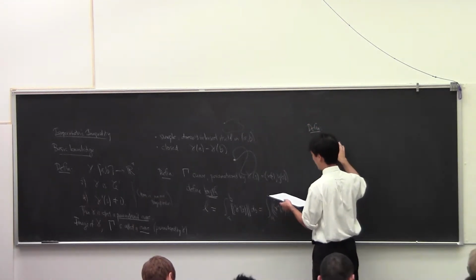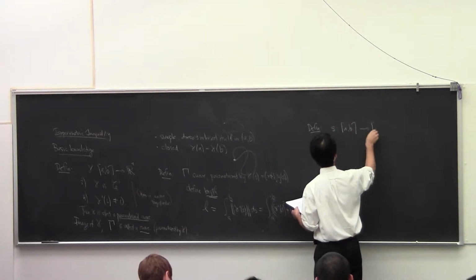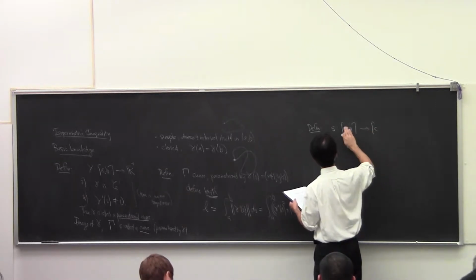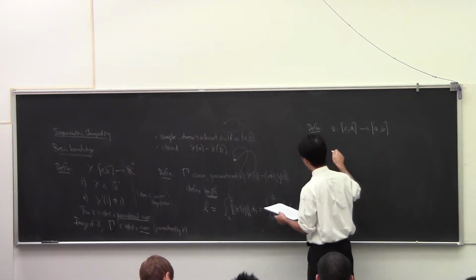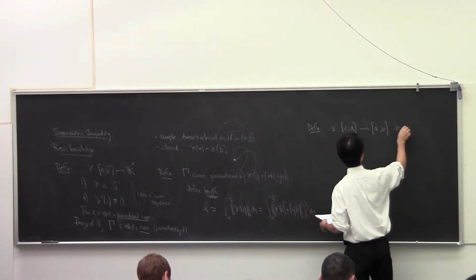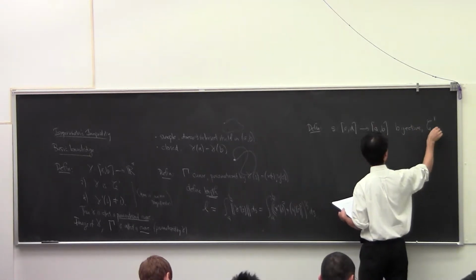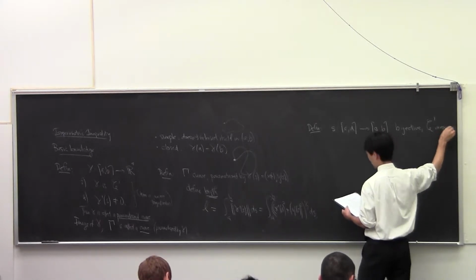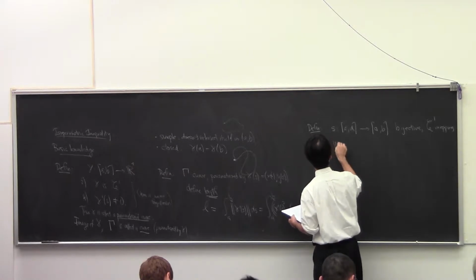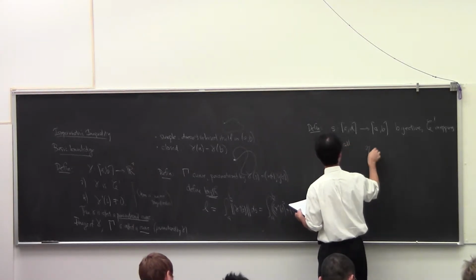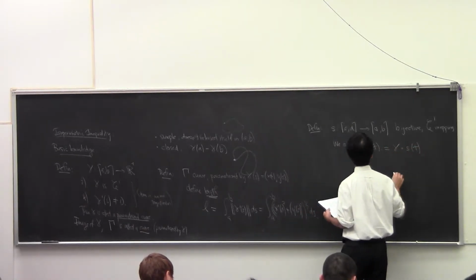If we have another function, say s, from [c, d] to [a, b], a bijective, again C1 map, then we can define eta as gamma composed with s of t.